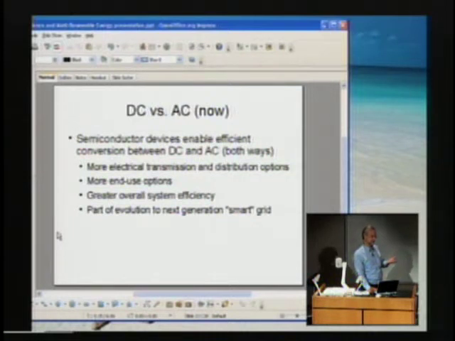Most devices, like your laptop computers, your iPads, your phones and all, use DC. They use DC in a battery. It would make sense if we could provide DC directly instead of making a transition from AC, where there are usually some losses. And this is going to be part of what will appear in the future grid, that option.